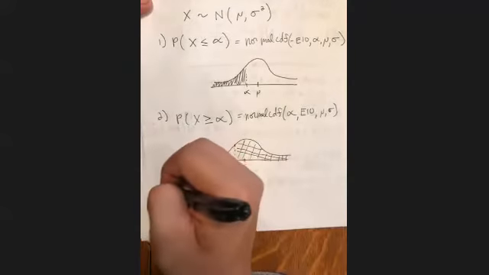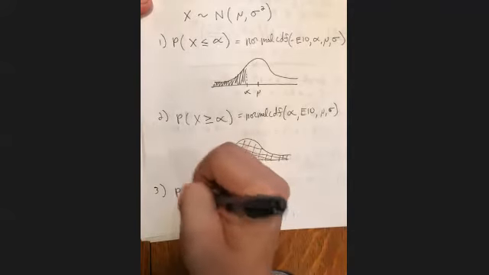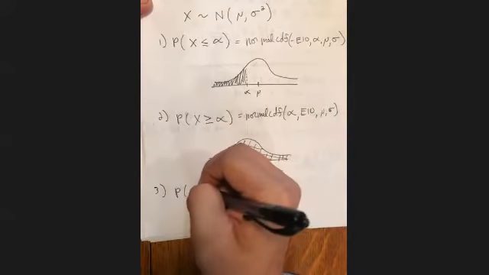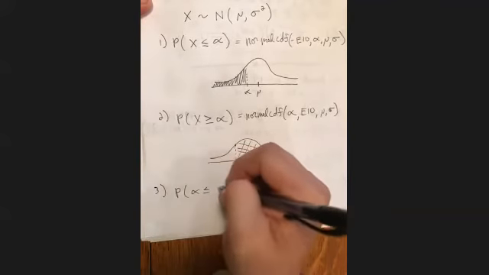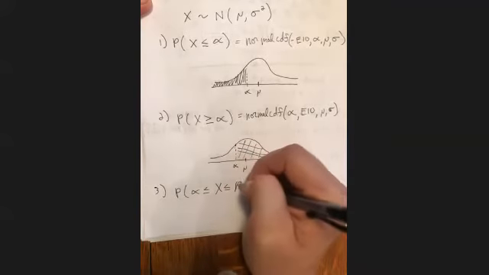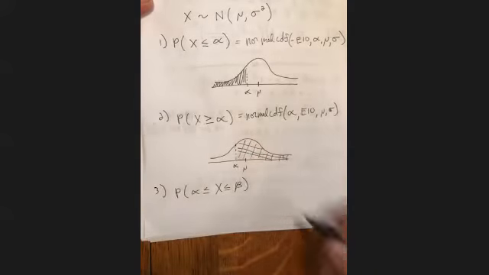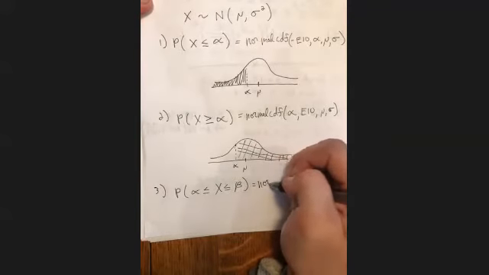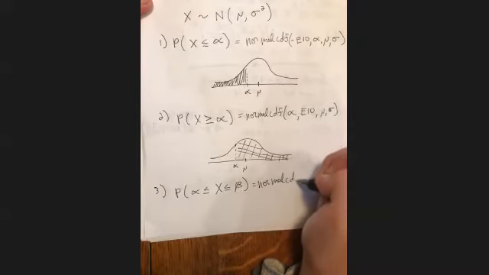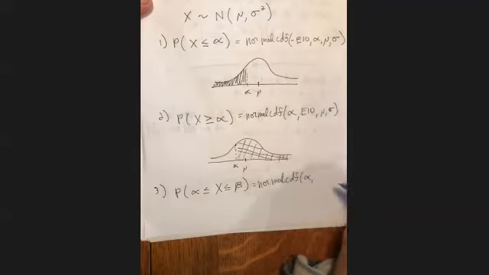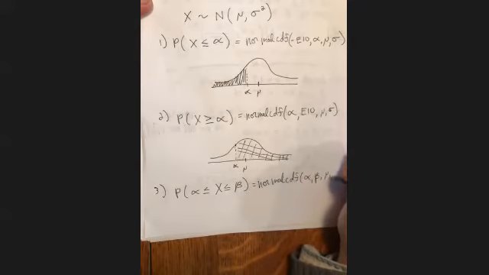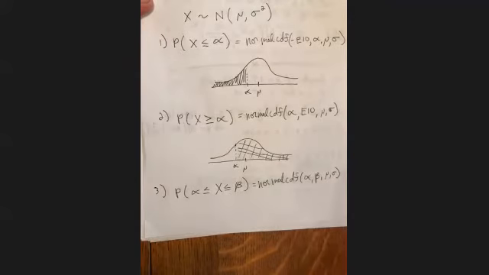And the third possibility is we're looking at the probability that our random variable is between two values. In which case, in terms of the normal CDF function, that's alpha, beta, mu, sigma. Look at all those Greek letters.